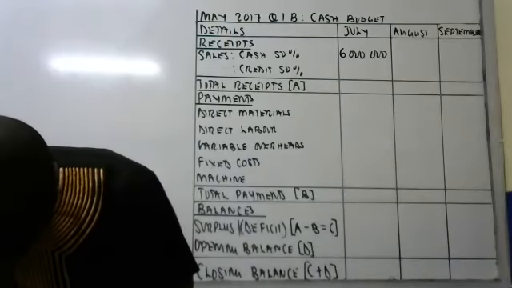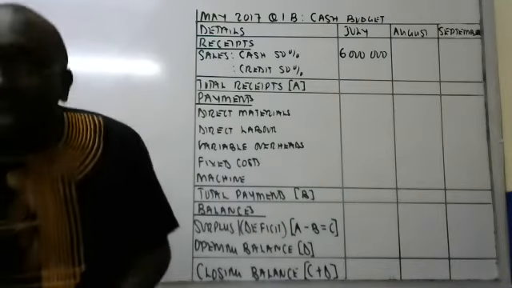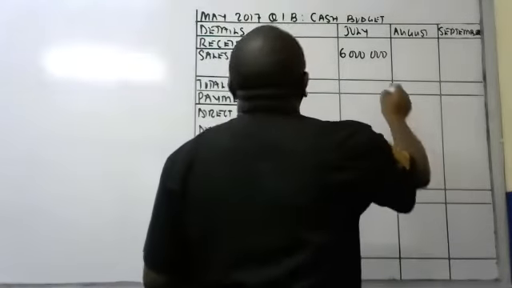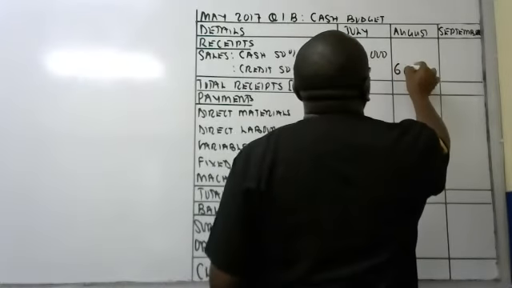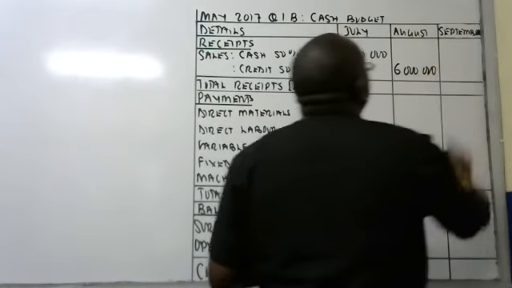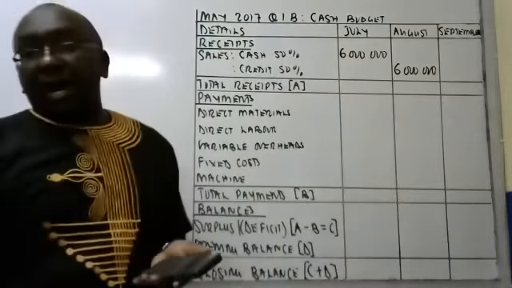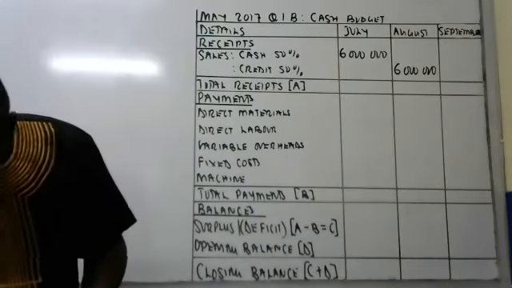Then we are told the balance is paid the following month. So in August, we will be paid the balance. Let us go to August and do the same thing.